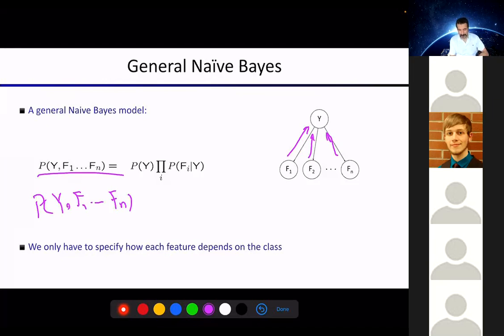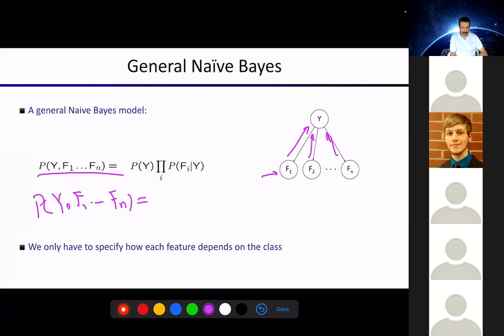If we have this connection the other way around, by rules of probabilities, we know how to calculate this. How do we calculate this? We start from the nodes without any parents. So we start from f.